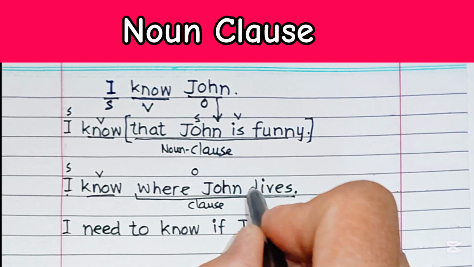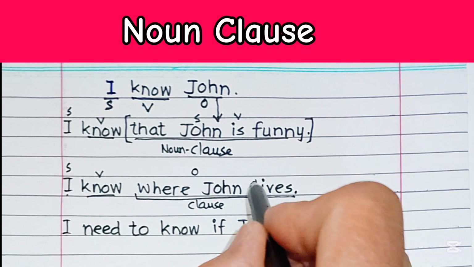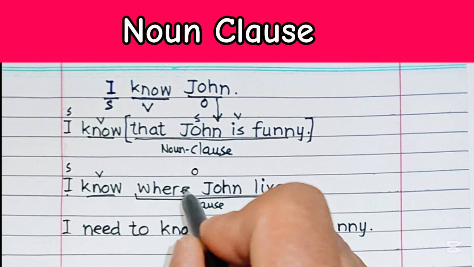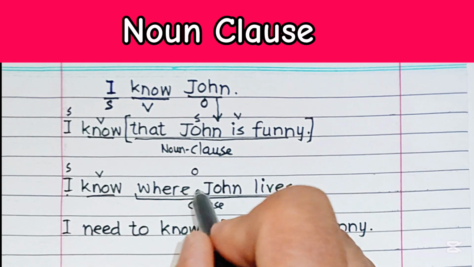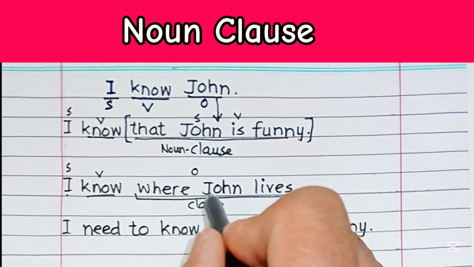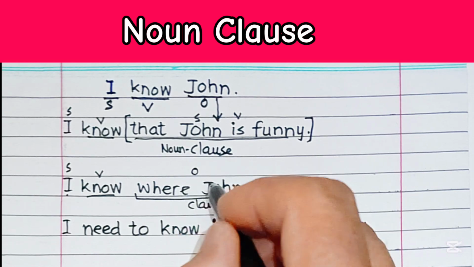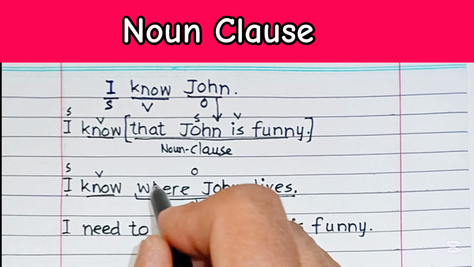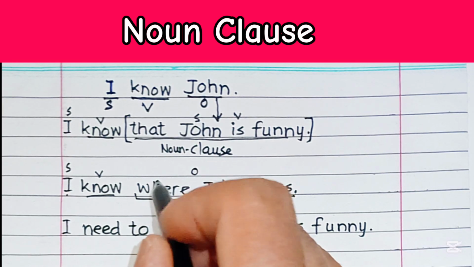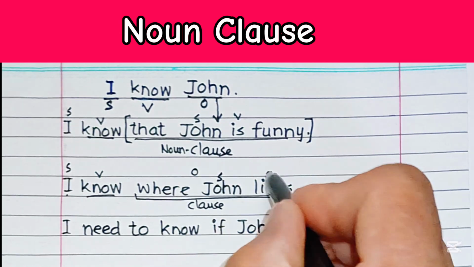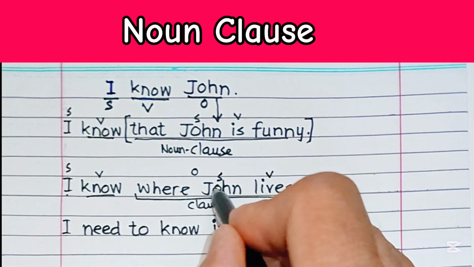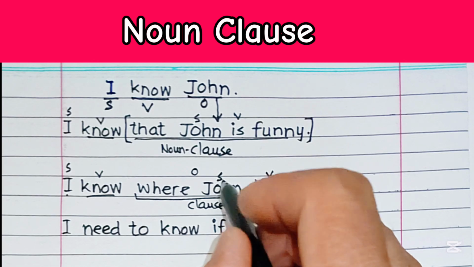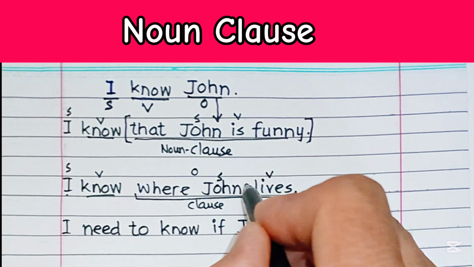Where John lives is acting like a noun within this sentence, but it's really a clause within itself because it begins with the WH question word where. It begins with it and it has a subject and a verb, which is the criteria to be a clause.